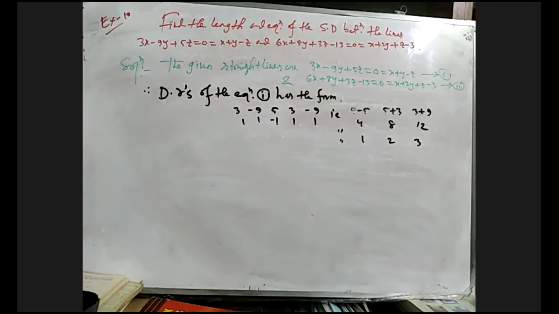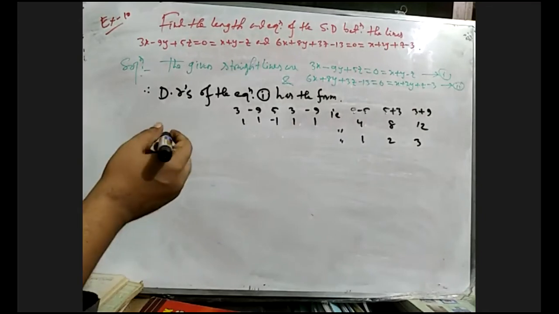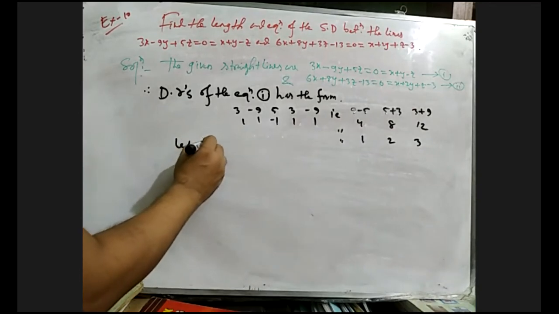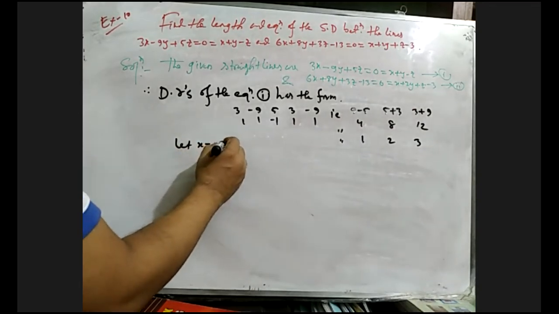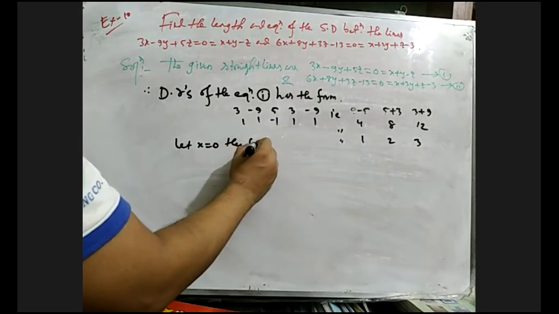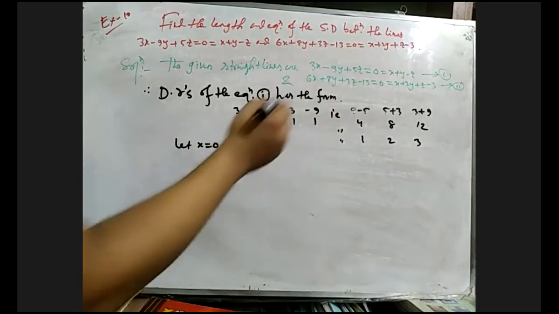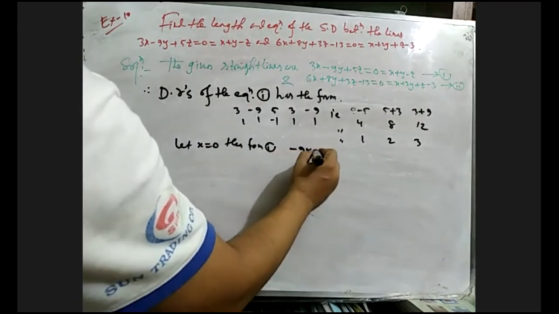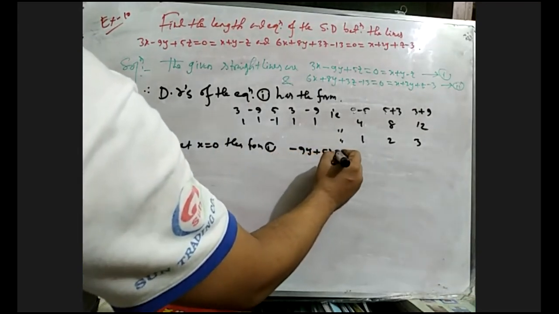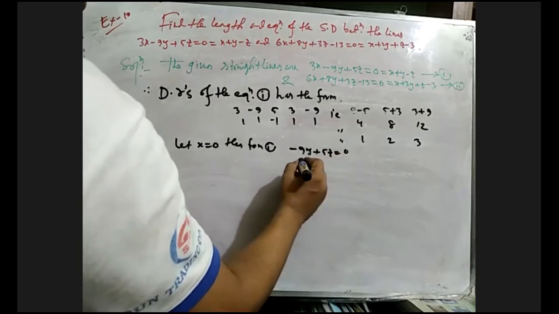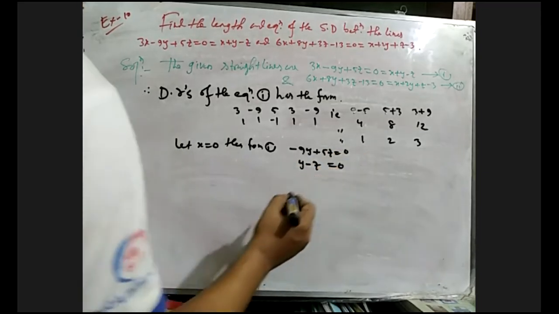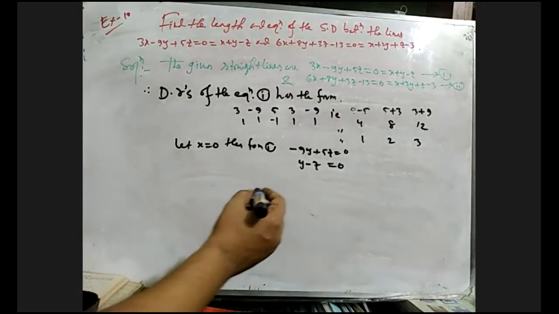Let x equals 0. Then from equation 1, we get -9y + 5z = 0 and y - z = 0.